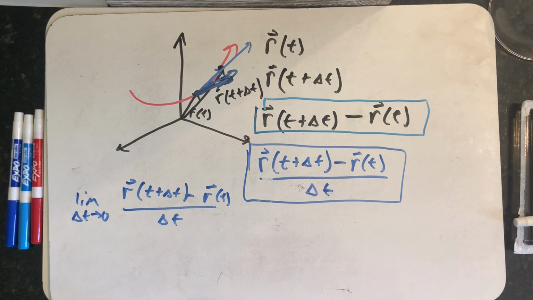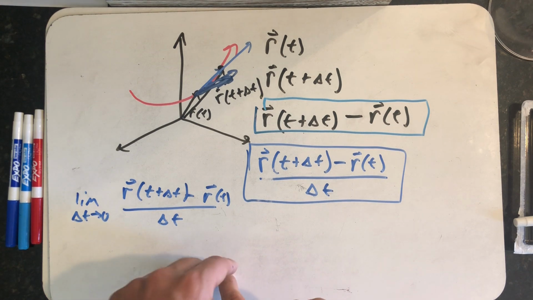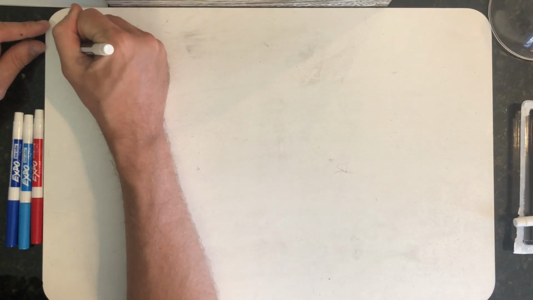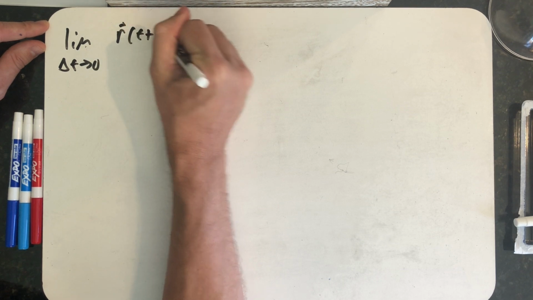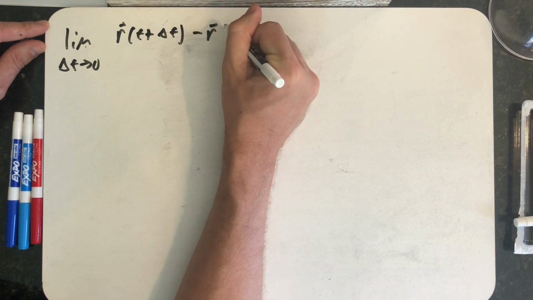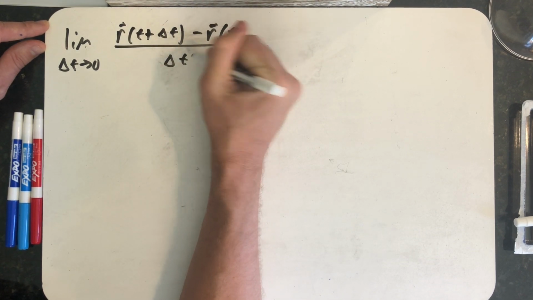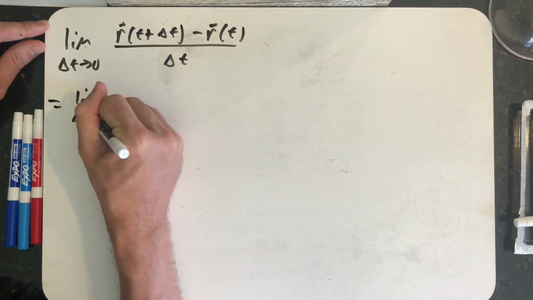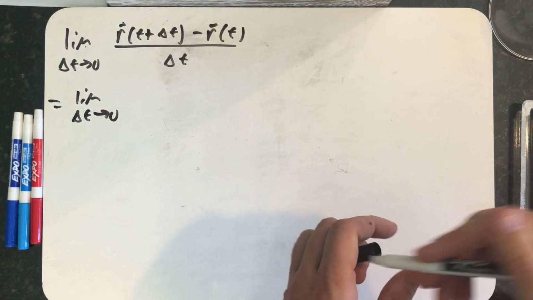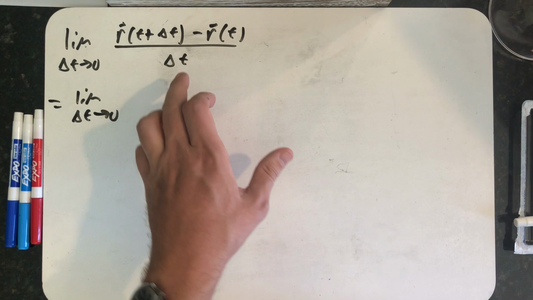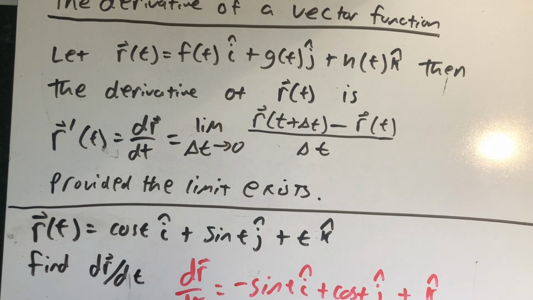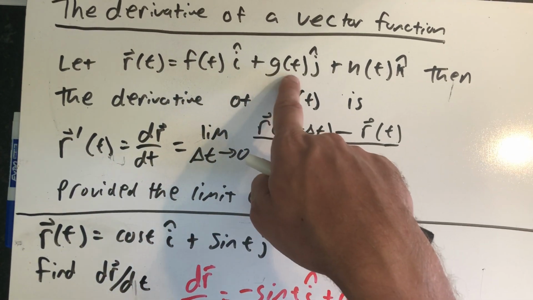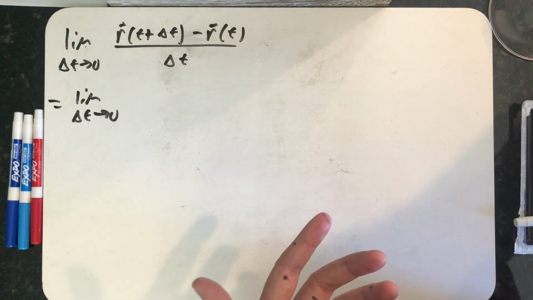Okay, so that's what those vectors mean. Now let's make sure that that definition says that we get to just take the first derivative of each of the component functions. Thinking about how limits of vector functions work, well, this is a vector function itself, right? It's the difference of two vector functions over a scalar. And so when I evaluate this limit, what I can remember is that means I just take the limit of all three scalar components.